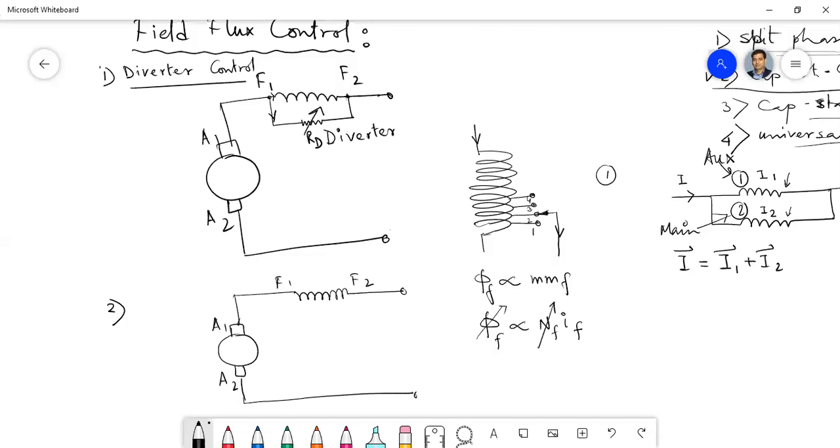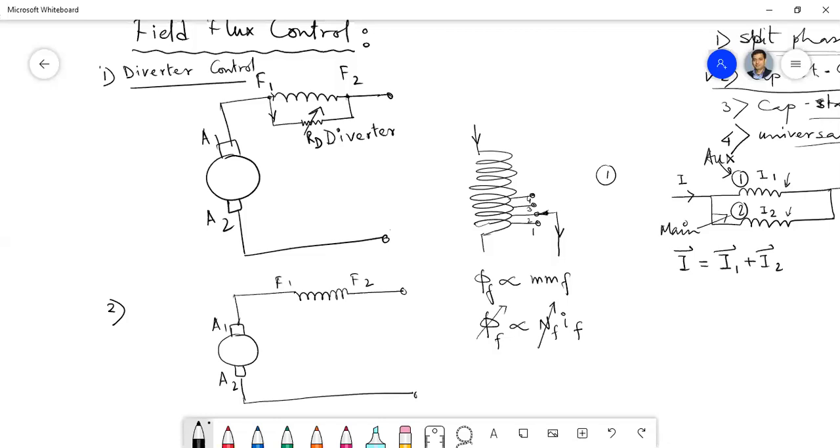Okay, if you tap at position 4, then a larger number of turns will be out of the field circuit. So that means your MMF will be quite less and you will get less field flux. So this is how field flux can be varied by varying the number of turns.